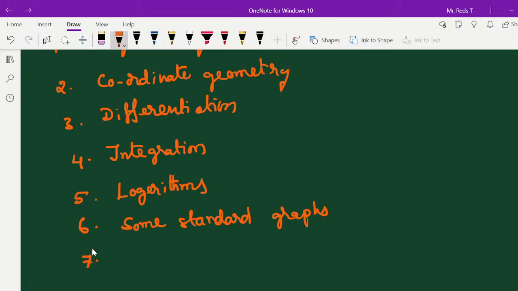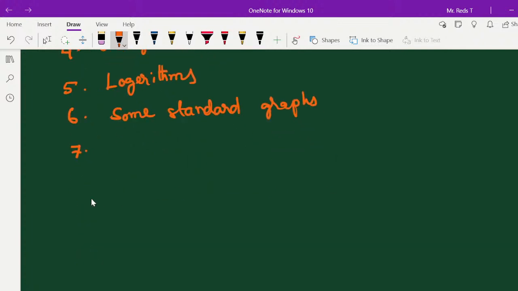Then we also need an idea of algebra, right, and geometry. We discuss a few basics of geometry also, which is required in understanding some of the physics concepts.